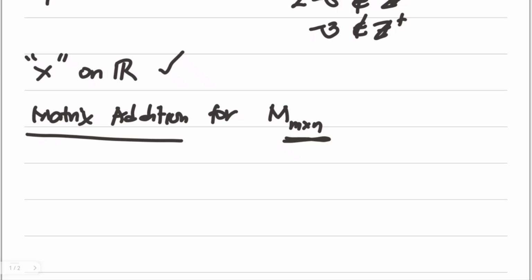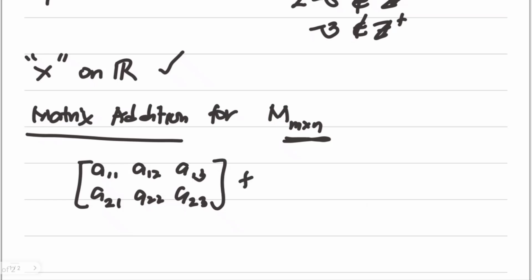Let's say a 2 by 3 matrix with entries A11, A12, A13, A21, A22, A23, added to another 2 by 3 matrix with entries B11, B12, B13, B21, B22, B23.